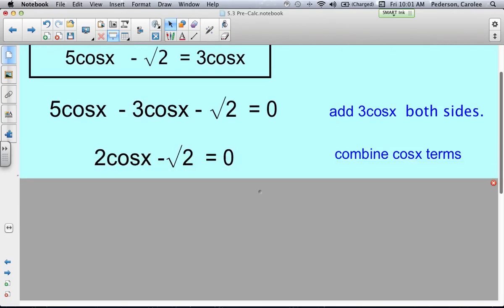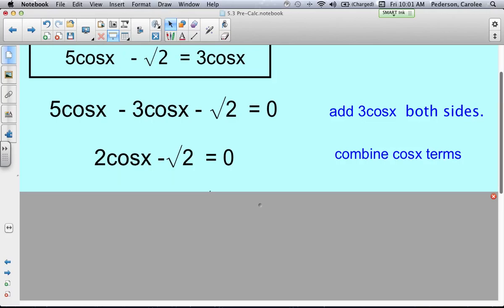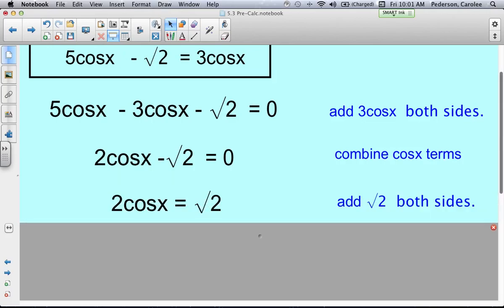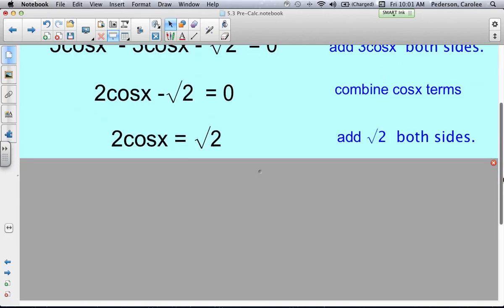Then what do we want to do? Be careful. Subtract or add square root of 2? Add. So you want to undo that subtract. Yep, add. Then what? Then divide by 2. Good.